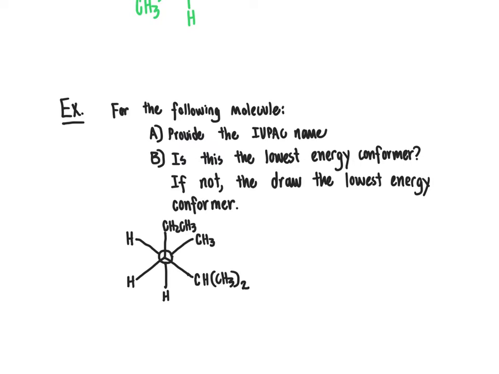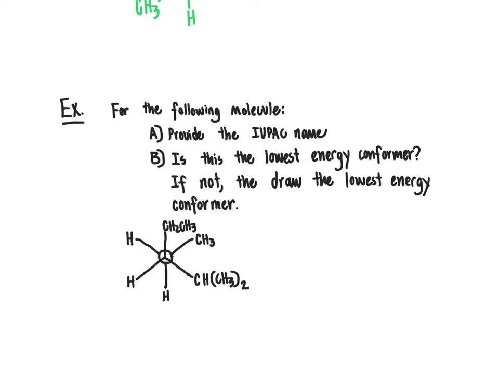Looking at just the Newman projection, it's really hard, even if you have a lot of experience with organic chemistry, to come up with a name directly from there. It's much easier if you redraw it as a more manageable molecular structure, in which we recognize how to find the longest carbon chain and things like that. So let's go ahead and redraw this as a Lewis structure or a condensed structural formula, whatever your favorite type of structure is.